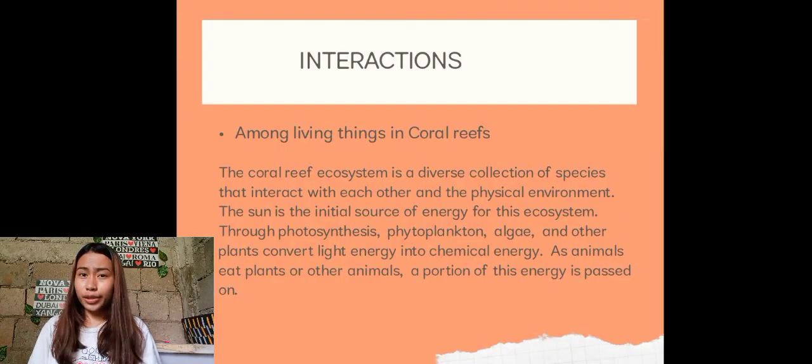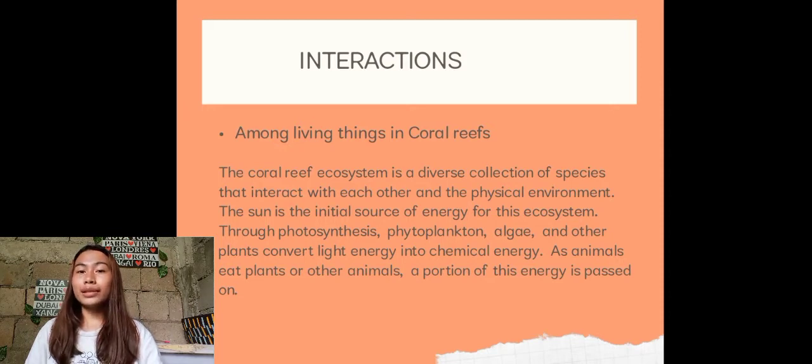So, interactions among living things in coral reefs. The coral reef ecosystem is a diverse collection of species that interact with each other and the physical environment. So, the sun is the initial source of energy for this ecosystem.